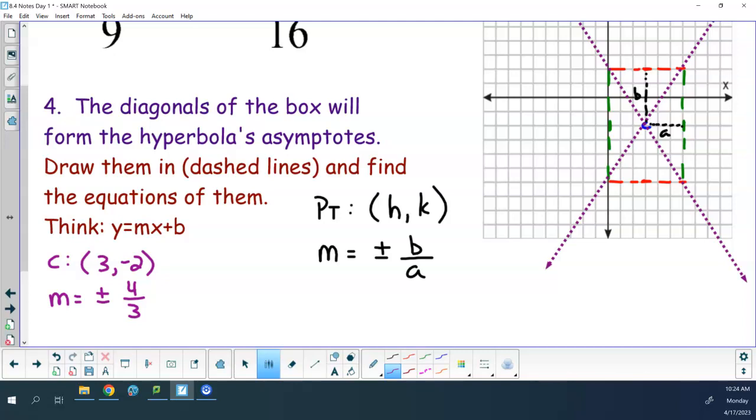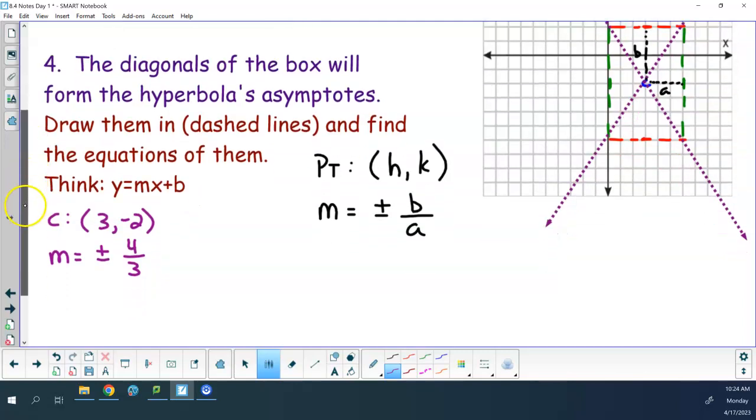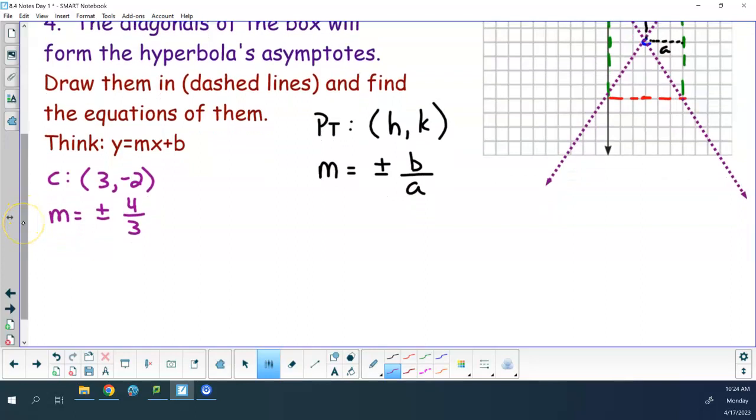I want the equations of the asymptotes in y equals mx plus b form. So the first asymptote would be negative 2 equals positive 4/3 times 3 plus b.